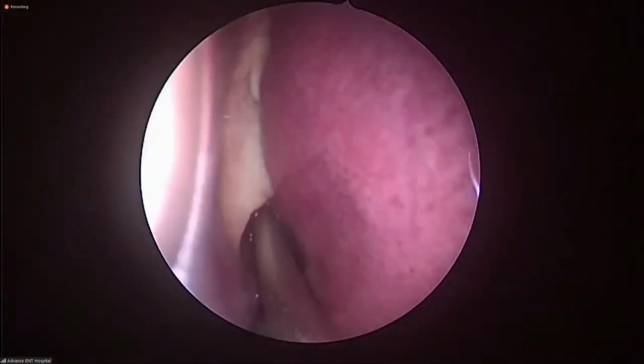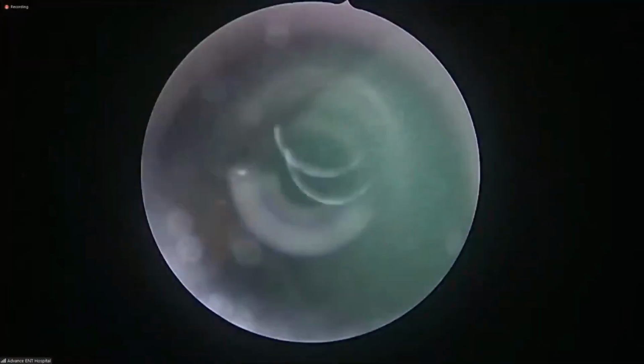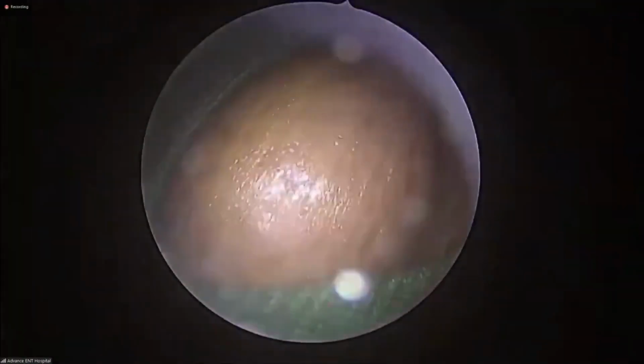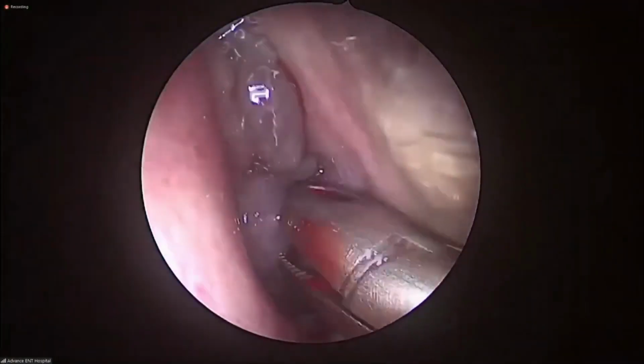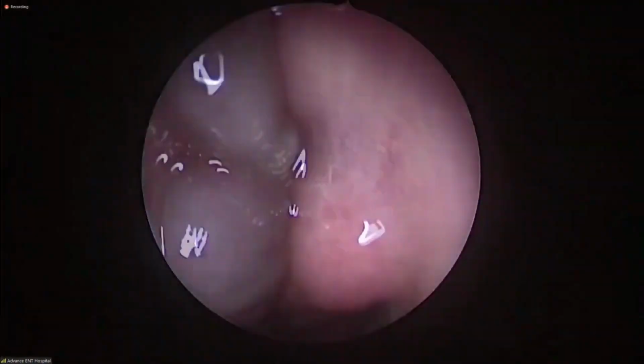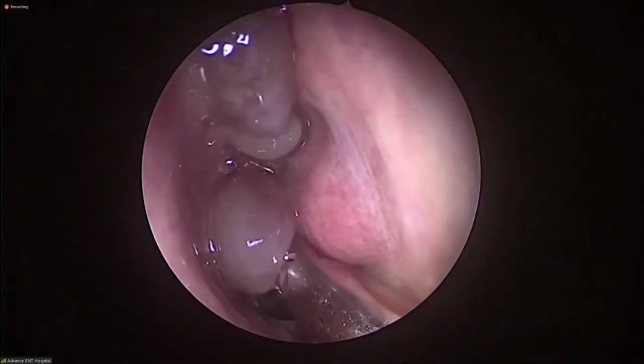Significant deviation. See the opposite side.